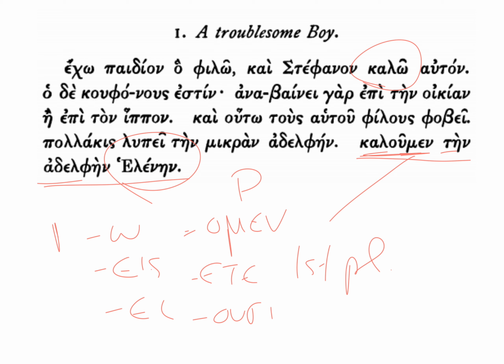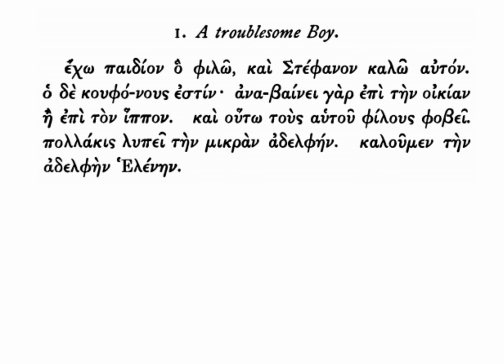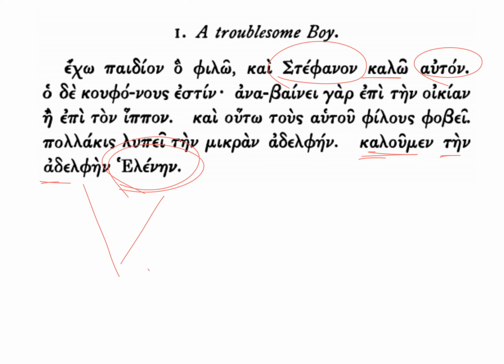Kaloumen, to call. And remember in the first sentence, when we had kalō, it took an object, auton, and an object complement, Stephanon. Here kaloumen takes an object, tēn adelphēn, the sister, and the object complement, Helenēn. We call the sister, what do we call her? We call her Helen. So tēn adelphēn and Helenēn, feminine, singular, and accusative.